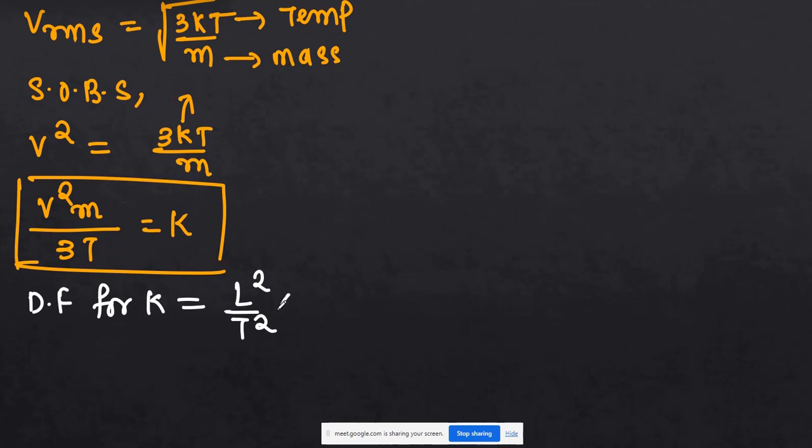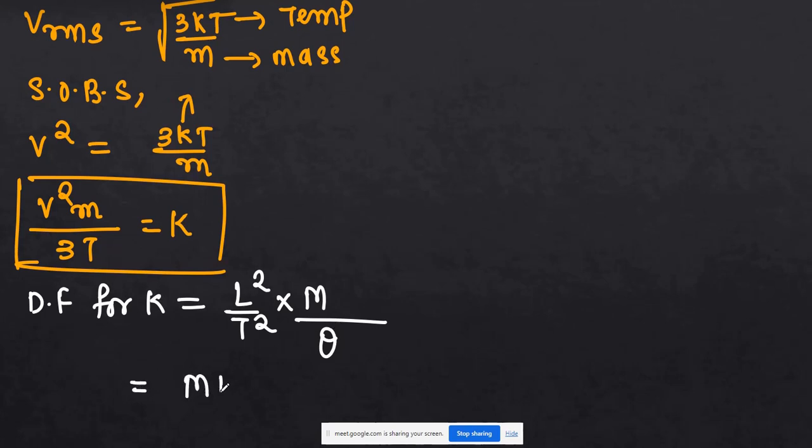Now M is mass, so into capital M, divided by 3, which is a number and does not have any dimensions. T is temperature; here I'll take it as theta, because if you take T, the same symbol, we will confuse it with time. So for temperature, take theta. So what is the dimensional formula for K now?